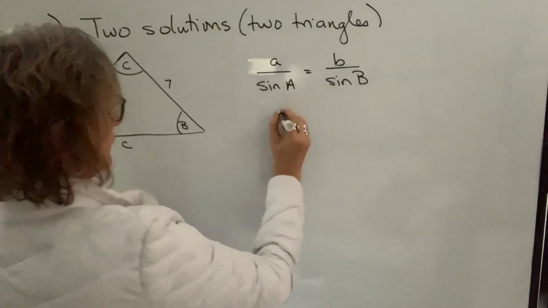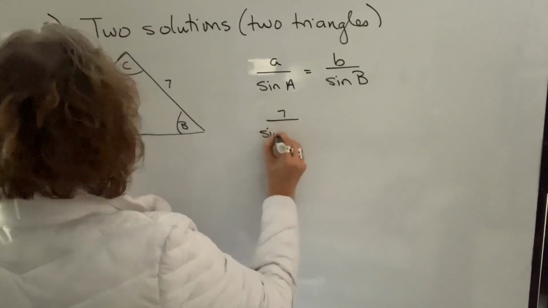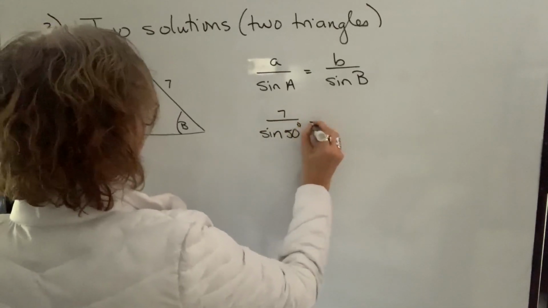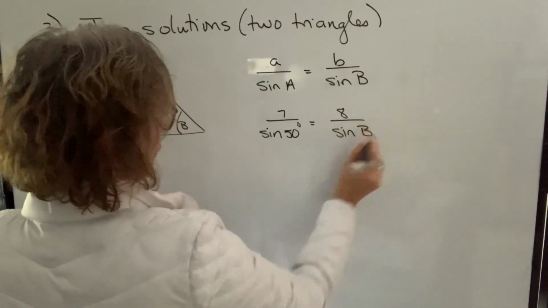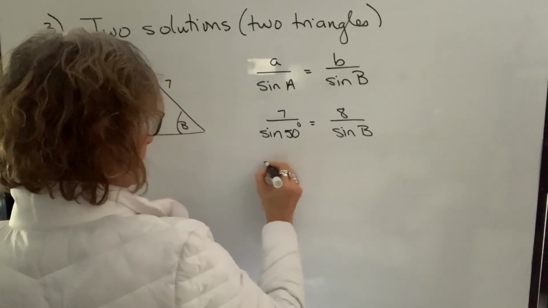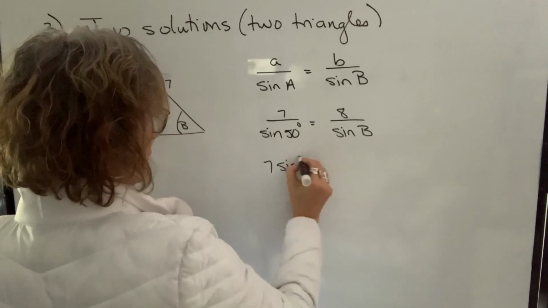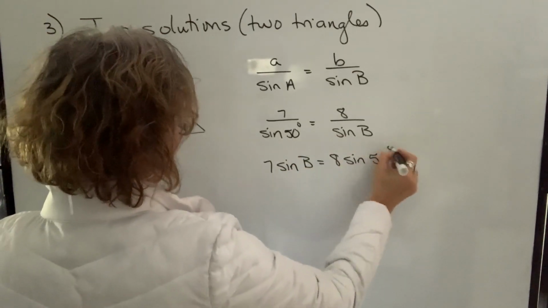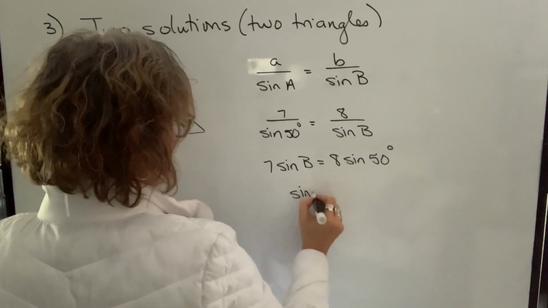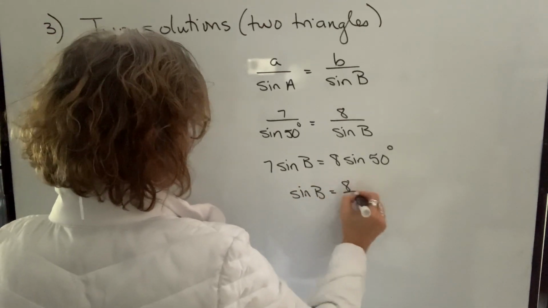We plug in our values. We solve for sine B. So we cross multiply. Isolate sine of B by dividing by 7.